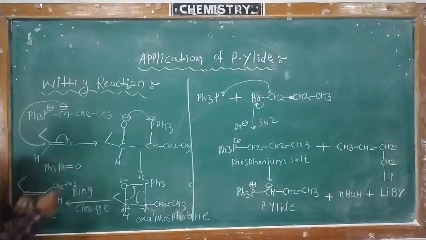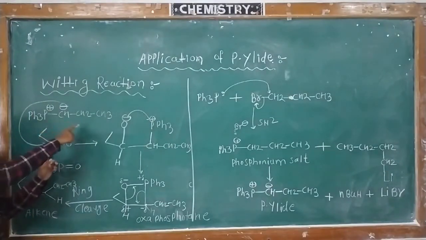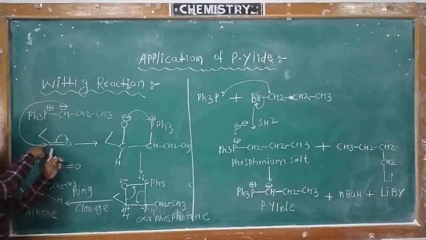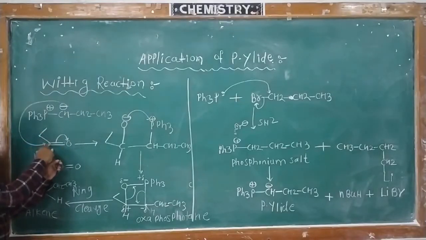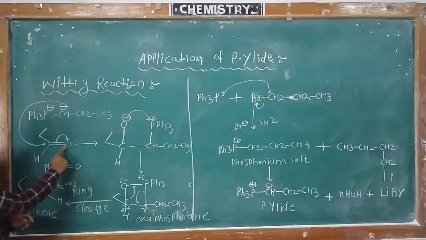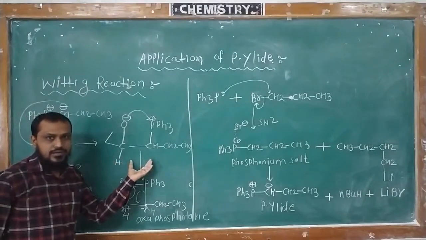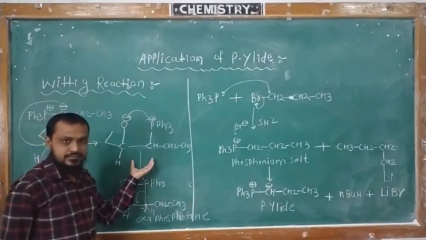What will happen here? This negatively charged carbon of the phosphorus ylide is added to this carbon atom of the carbonyl group. Simultaneously, the bond between carbon and oxygen shifts toward the oxygen, and oxygen becomes a negative species. So this type of intermediate will be formed here. It is called a betaine intermediate.